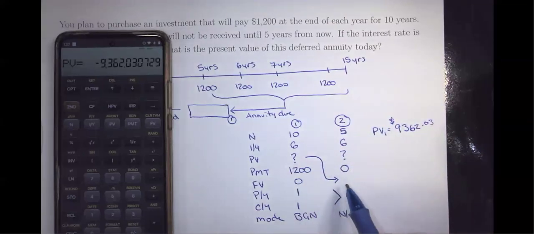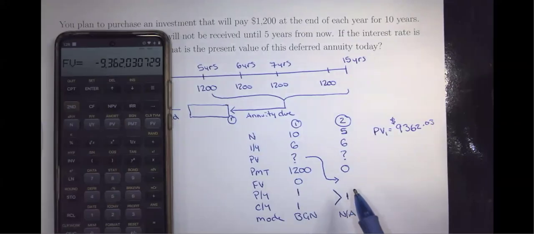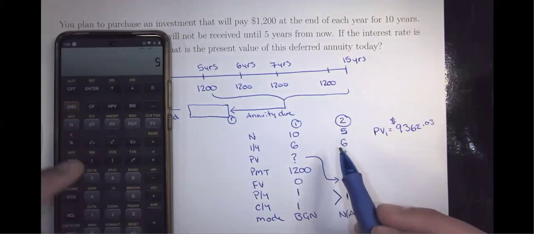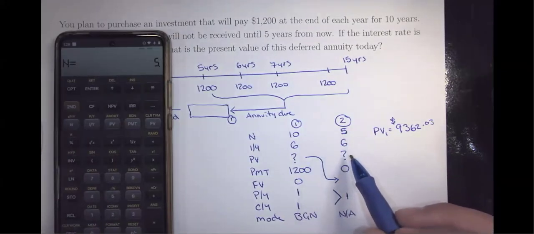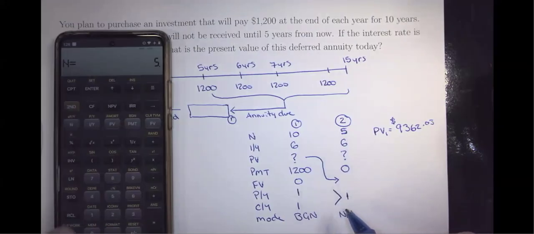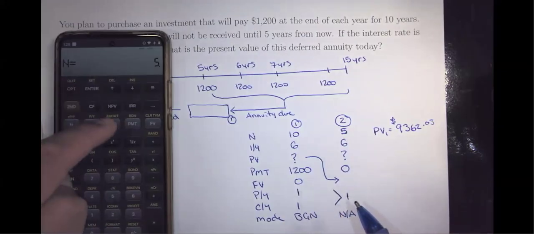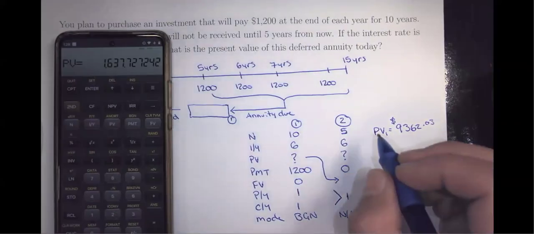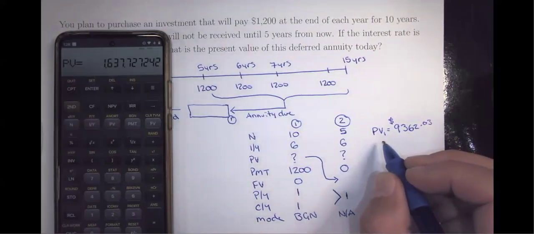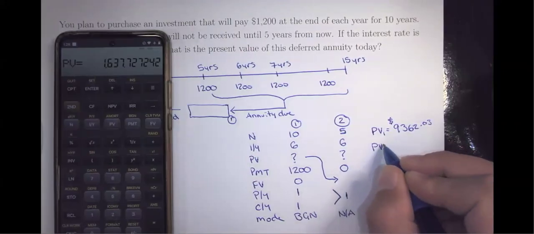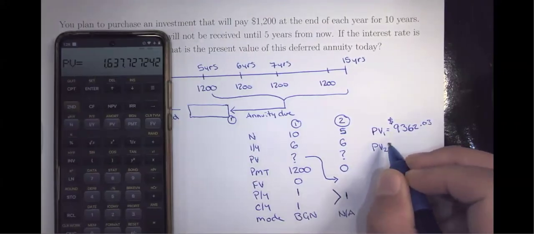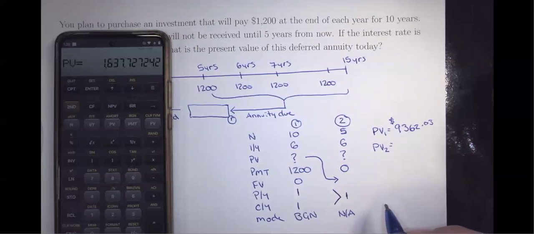Because I'm reusing that as my future value here, I'm just going to hit future value on that. Now, I need to change my N to 5. Everything else stays the same. And so now I can compute this new present value. And I have PV2.